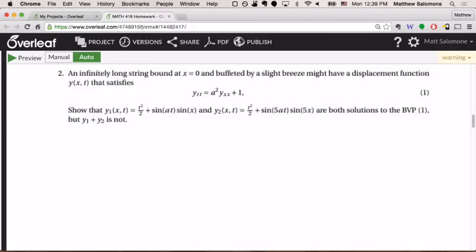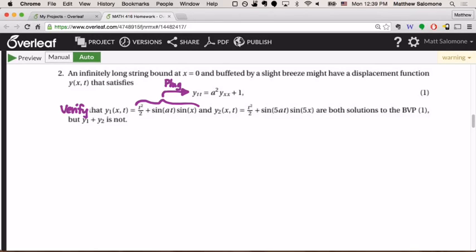So maybe what I'd like to do is just change the word show, and if this makes it clearer, change it to verify. So rather than discovering the solutions of this PDE from scratch, what I'd like for you to do is just take these solutions that I've proposed for you and just verify, just plug them in to this partial differential equation and see that they work, right?